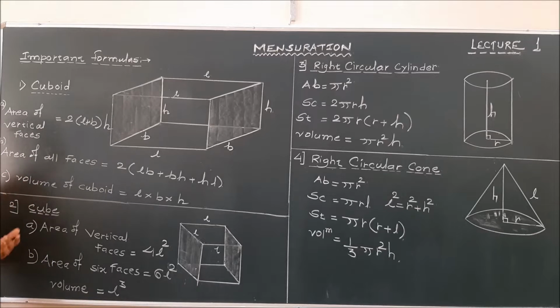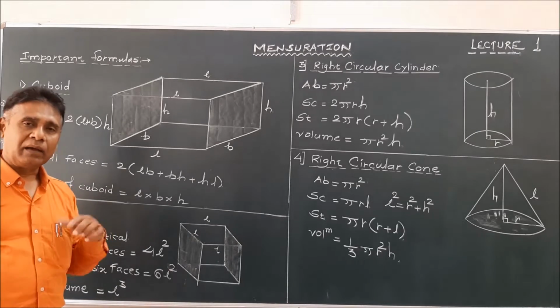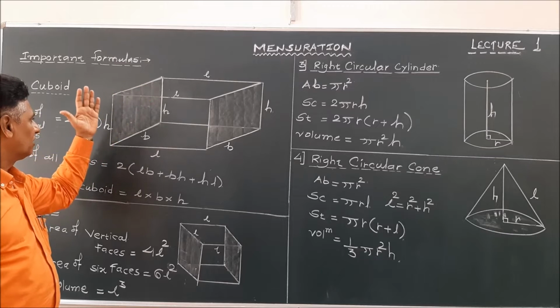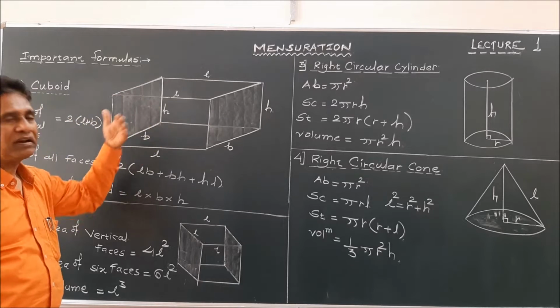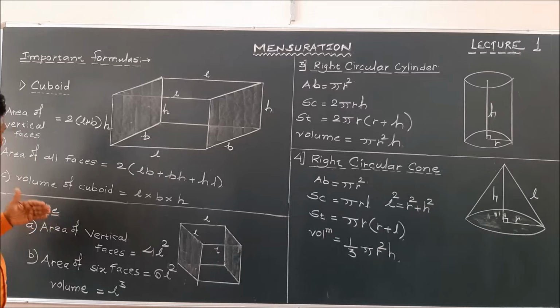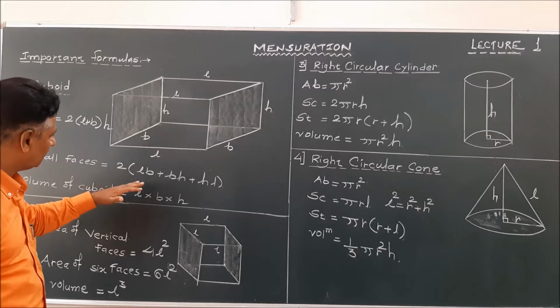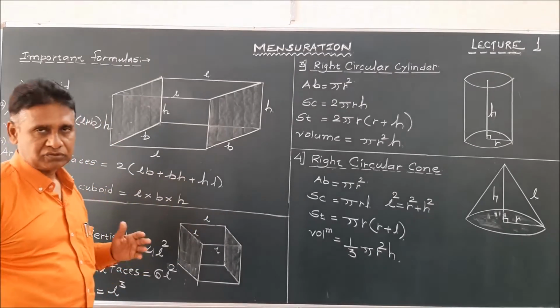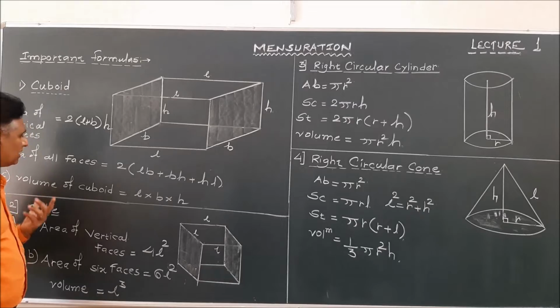Then area of all faces. When I say area of all faces, I mean top, bottom, as well as sideways 2, front and back. Area of all these 6 faces is 2 into the bracket (length into breadth plus breadth into height plus height into length).